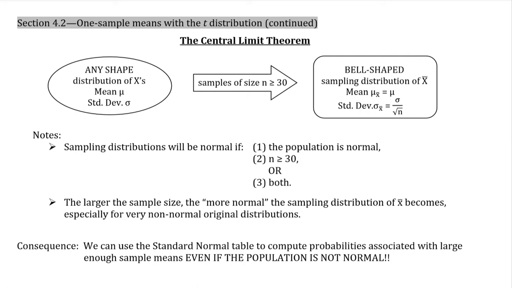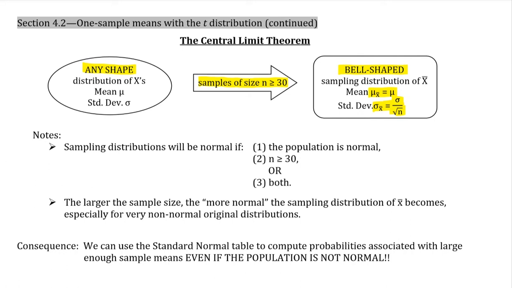We have any shape for the population with a distribution with a mean of mu and a standard deviation of sigma. If the sample size, little n, is greater than or equal to 30, then the sampling distribution will be bell-shaped, and will have a mean, as defined earlier, of mu, and a standard deviation, again defined earlier, as sigma divided by the square root of n.